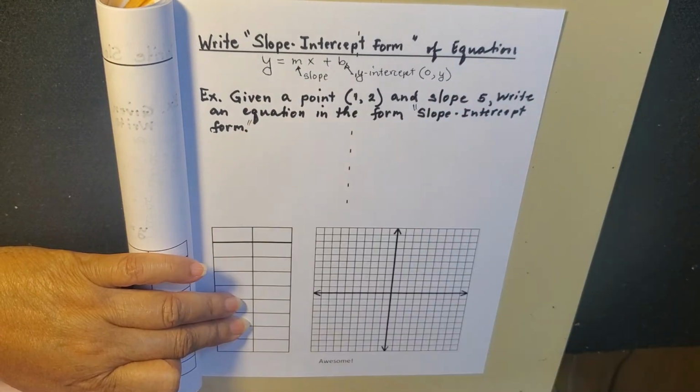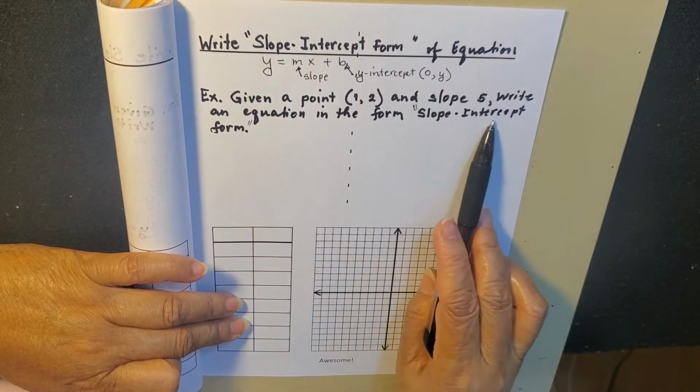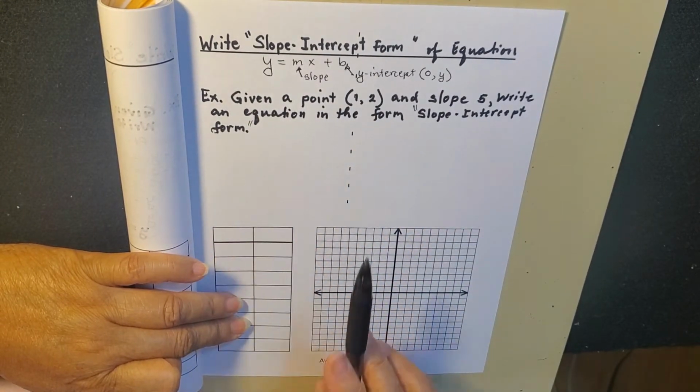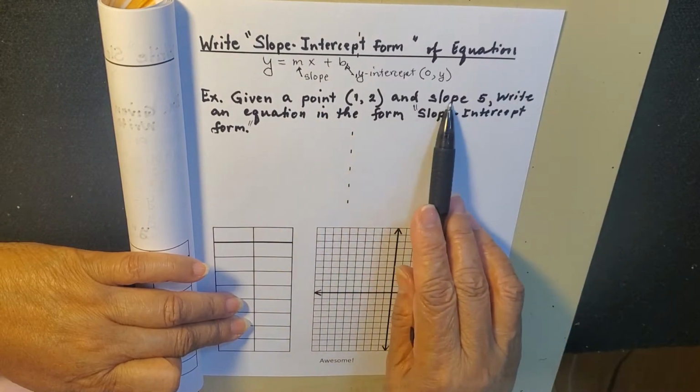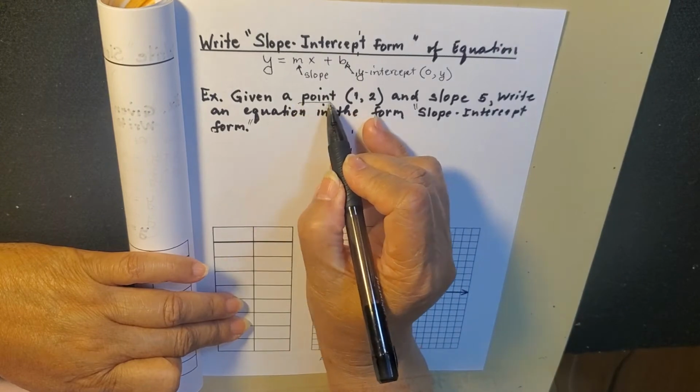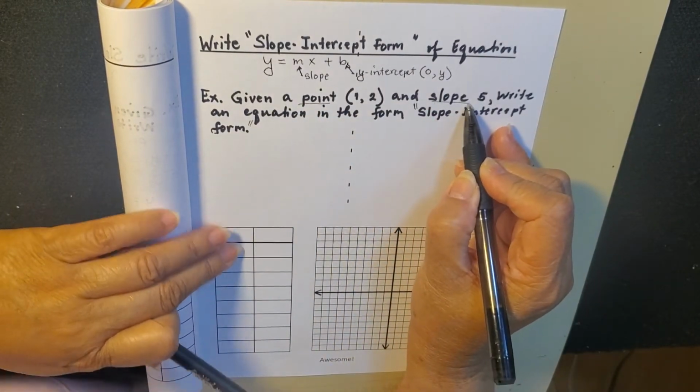Okay, slope-intercept. But since I will not do slope-intercept first, what I'm going to do is write the equation in point-slope form, because I know a point and I know a slope.